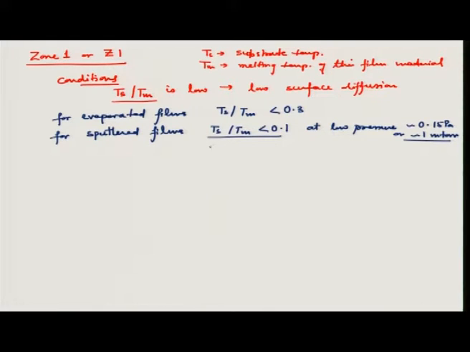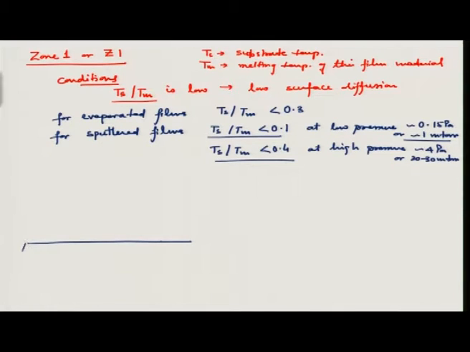Or if you are at higher pressure, around 4 Pascal or 20 to 30 millitorr, then you will get zone 1 up to very high temperature. So, these are the conditions which give you zone 1 structure. Now, what is zone 1 structure? We will discuss this in slightly more detail.